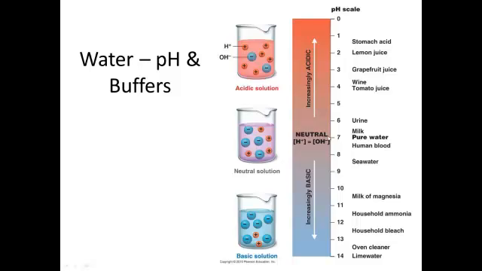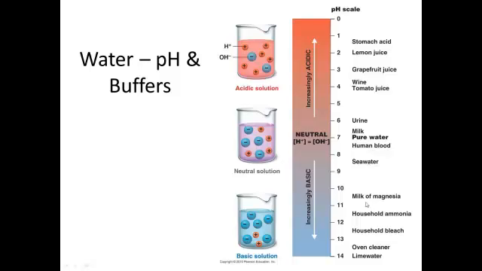Now going the other direction, this is where you have fewer and fewer hydrogen ions versus hydroxide ions or anything removing hydrogens. So human blood is just a little bit basic, or alkaline is another term for it. Seawater is a little bit more alkaline.